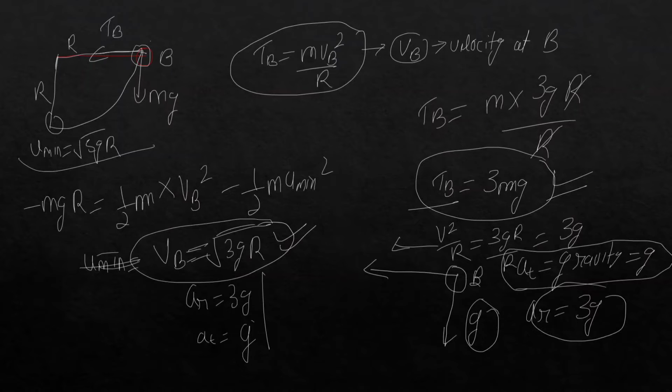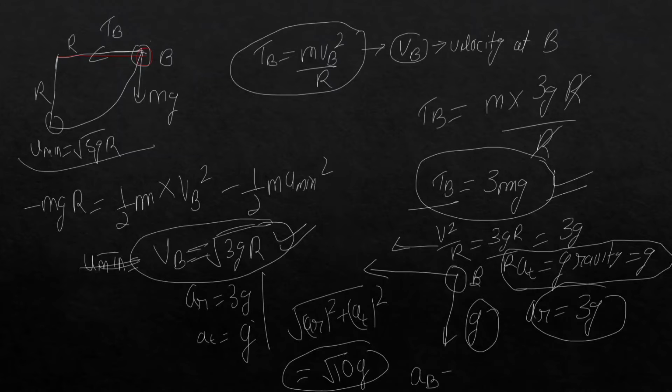For total acceleration, we have to square and add, because these two are vectors and they have an angle of 90 degrees. So we use the vector formula, then this becomes root 10 g. So acceleration at B is equal to under root 10 g.